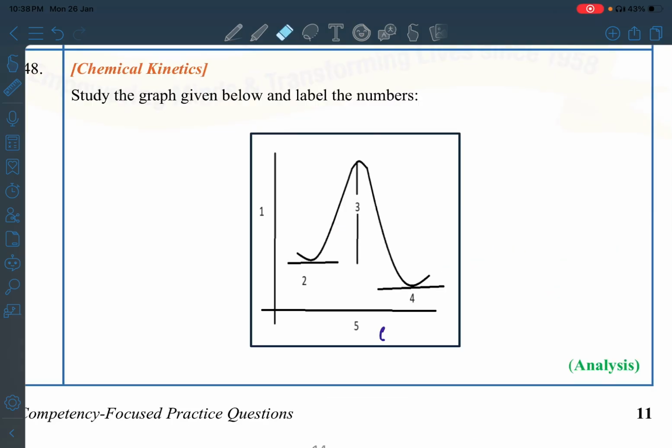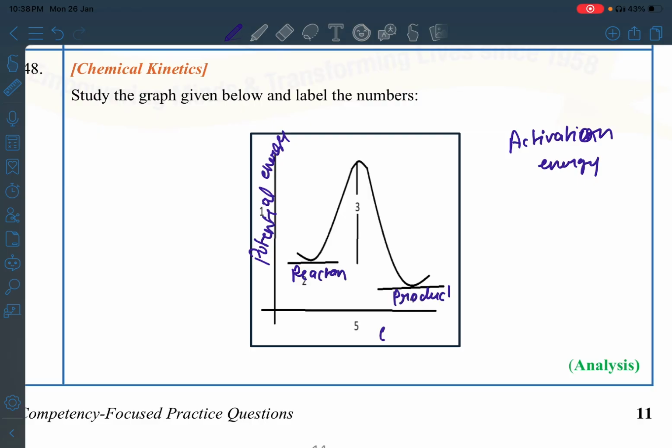If you remember, this is a chemical kinetics activation energy graph, where 1 is potential energy, 2 is reactant, and 4 is product.